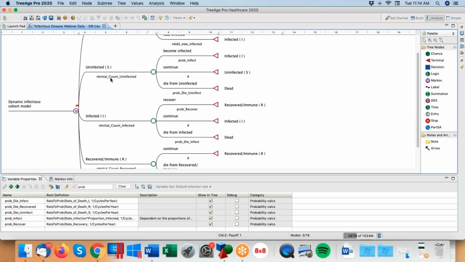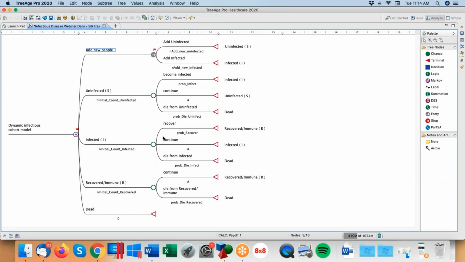The first is starting with people in those states. In order to do that, I have to break one of the rules in TreeAge Pro. One of those rules is that chance nodes and Markov nodes expect the probabilities to the right of them to sum to 1. Well, in this case, we want to override that rule.